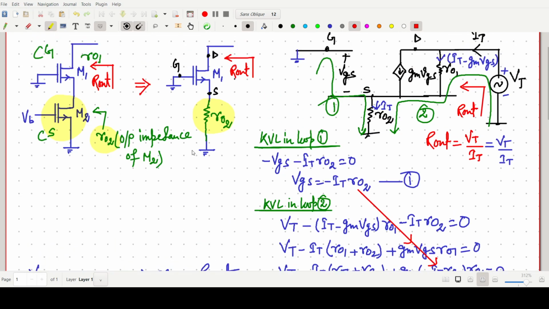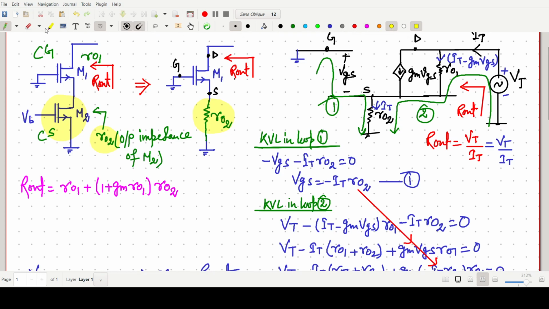So how do we write this R output directly? First we write the output resistance of the M1 transistor. So I am writing r_o1 plus (1 plus intrinsic gain gm1 r_o1) into r_o2.